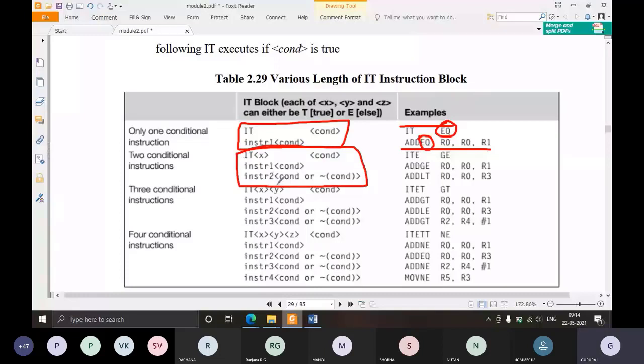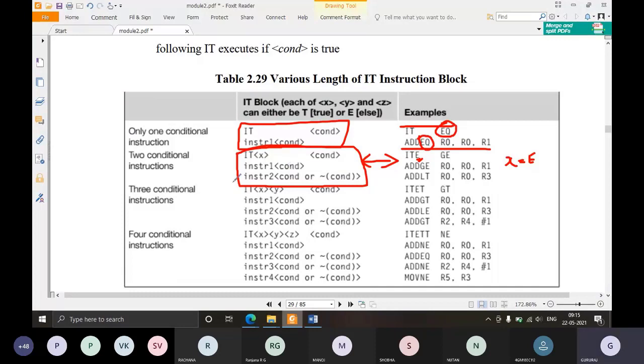Now ITE. If you compare these two, what is the value of X you are seeing? IT followed by X here, so it is IT followed by E. That is, the X value is E. That means it is the else or false statement.